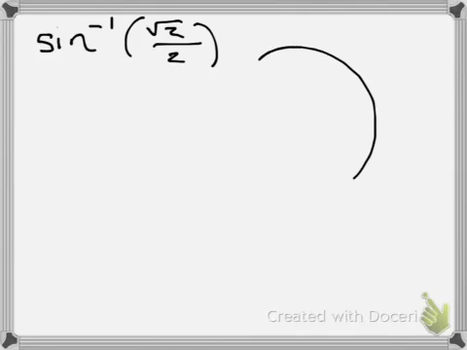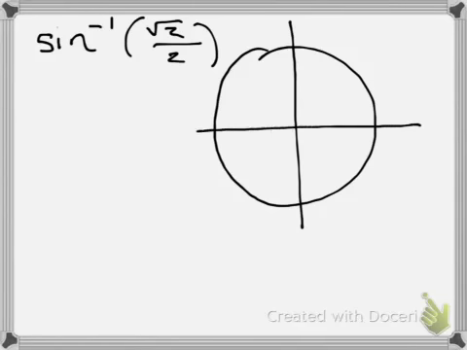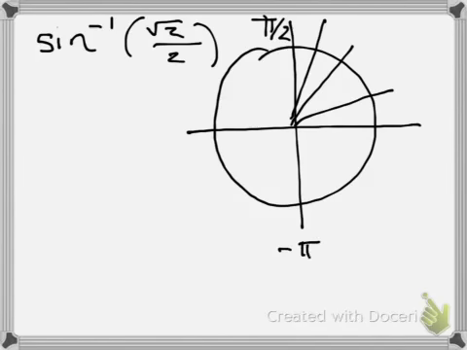I gave you a unit circle that looked like this. Remember that you have 30, 45, 60. And this is pi over 2. And this is negative pi over 2, because negative just means when you start at 0, instead of going counterclockwise, you go clockwise. So negative pi over 2 to pi over 2 would be this area here. And square root of 2 over 2, the sine, is at 45 degrees.